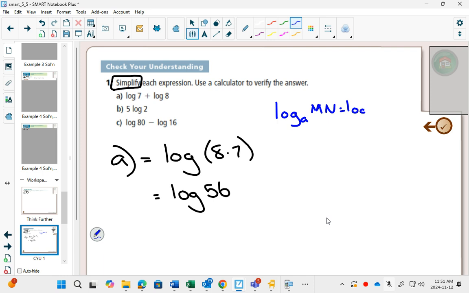And on your formula sheet, they don't use any numbers. But what's important to notice is that I'm adding, so I see the adding right there on the right-hand side of my formula. In the formula, my bases have to be the same, and since there's no base written here and no base written here, they both have a base of 10, so that fits.